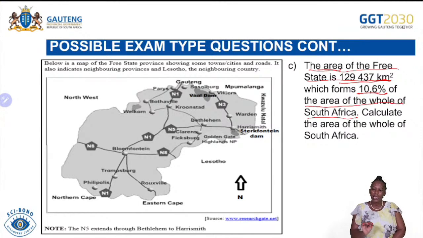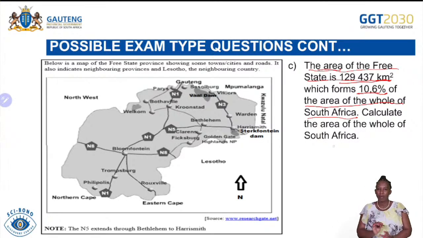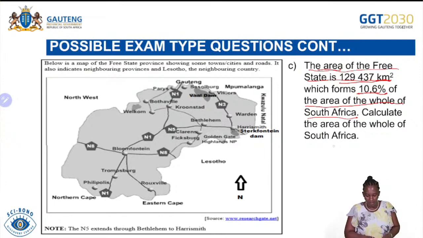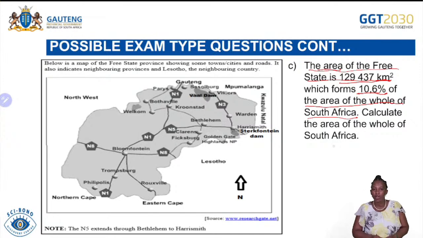Now the question says, calculate the area of the whole of South Africa. How do we calculate? Remember, now we are given the portion of Free State. They are telling us that Free State only represents what? 10,6. And that 10,6 is what? It's 129,437 kilometer square.